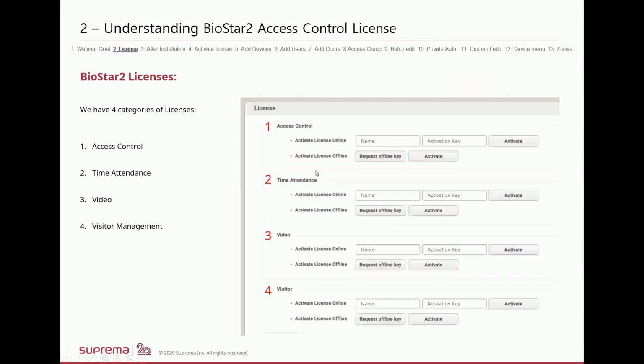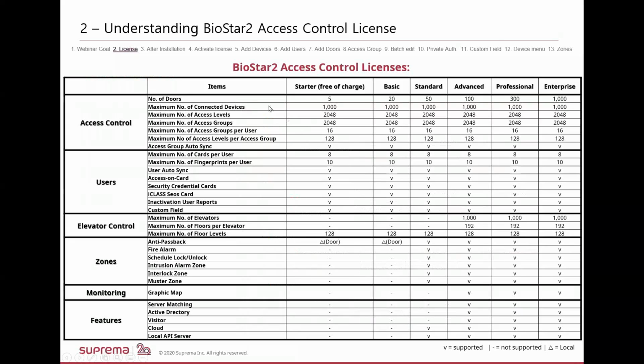BioStar 2, first of all, we have 4 types of license: access control, time attendance, video, and visitor. We are talking today about access control only. Once you download BioStar 2, you will have the starter version, which is free of charge. Then you have 5 licenses, which each one has its own feature and you have to pay. So basic, standard, advanced, professional, and enterprise.